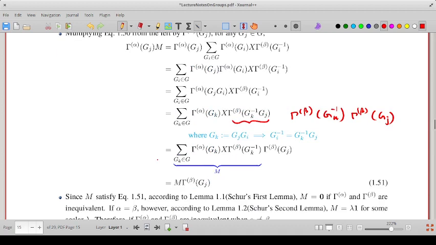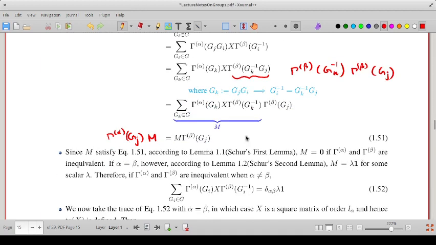So what does that mean? We have on the left hand side gamma alpha of Gj times M is equal to M times gamma beta of Gj, where gamma alpha and gamma beta are irreducible representations of the group.